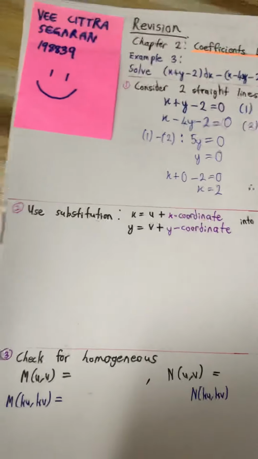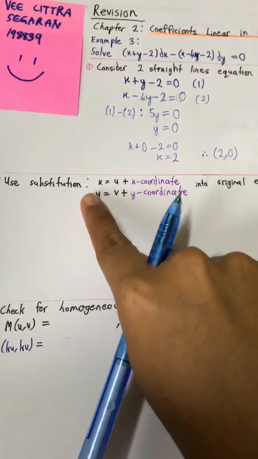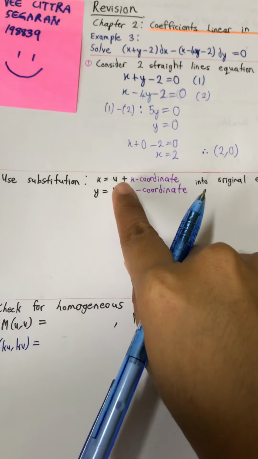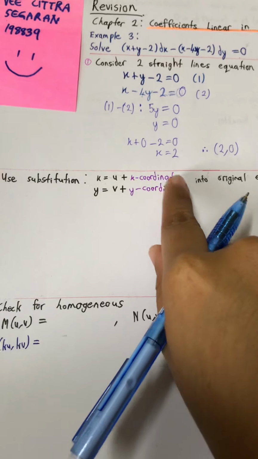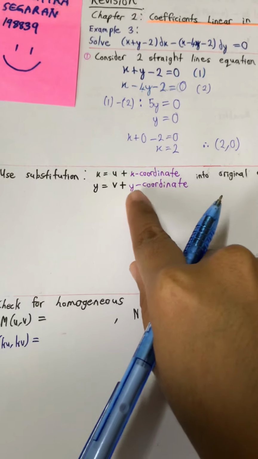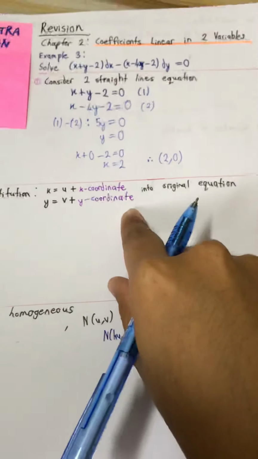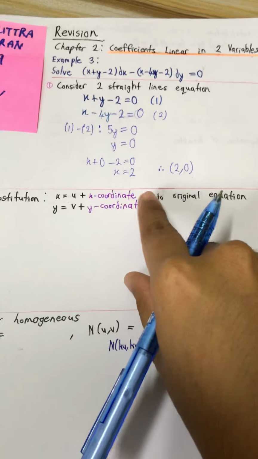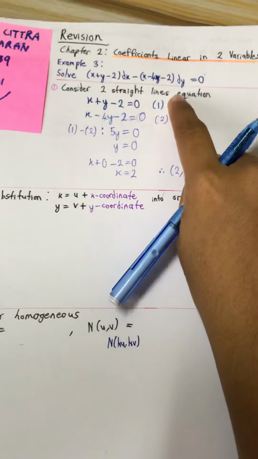Next we move to the second step, where we use substitution: x = u + the x coordinate and y = v + the y coordinate. We substitute this into the original equation.